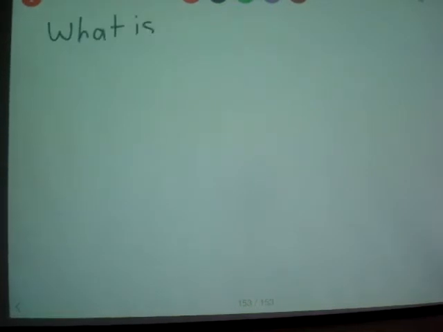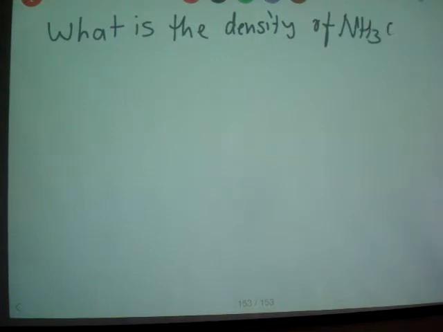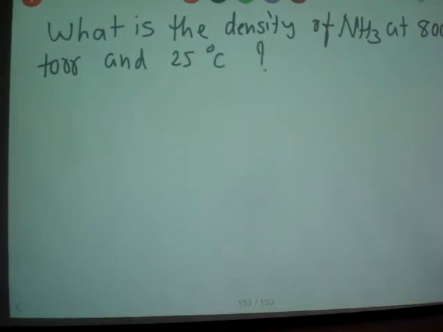What is the density of NH3 at 800 torr and 25 degrees Celsius?